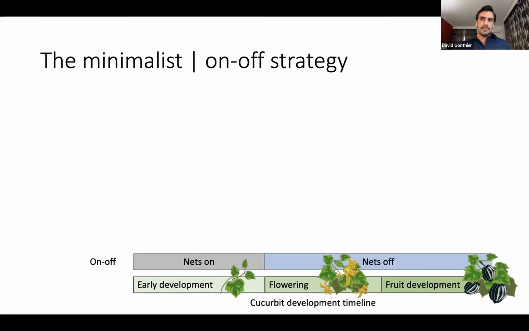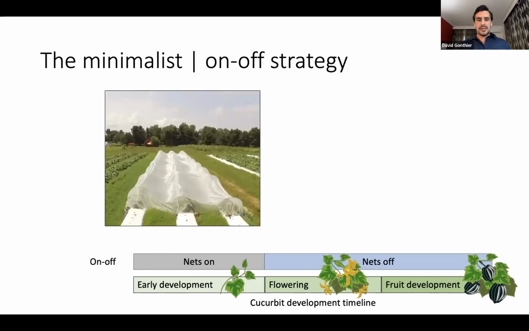And so probably the most basic, or I call it the minimalist strategy, is what we call the on-off strategy. And that's really just trying to focus on that early season development, covering your plants then, and then taking them off as you start to see those female flowers forming on the plants.